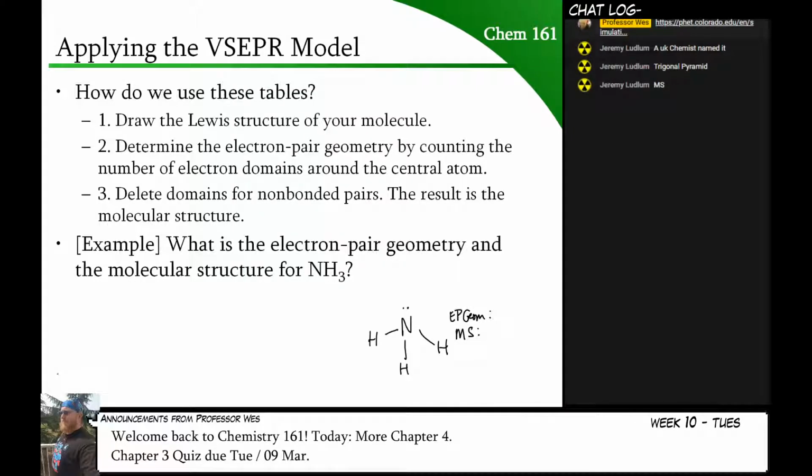All right, let's go over the answer. So the first thing you want to do is indicate all of the electron domains around the central atom. So there are 1, 2, 3, 4. So because there are 4 electron domains, the electron pair geometry we would get would be tetrahedral.